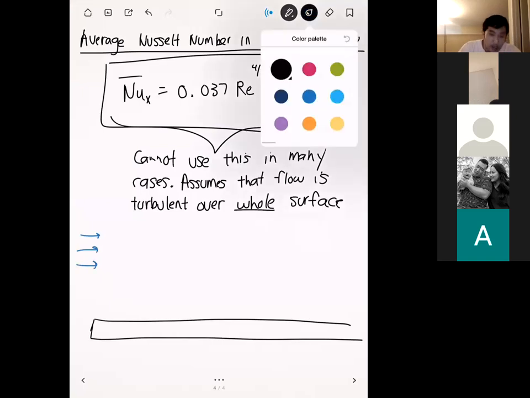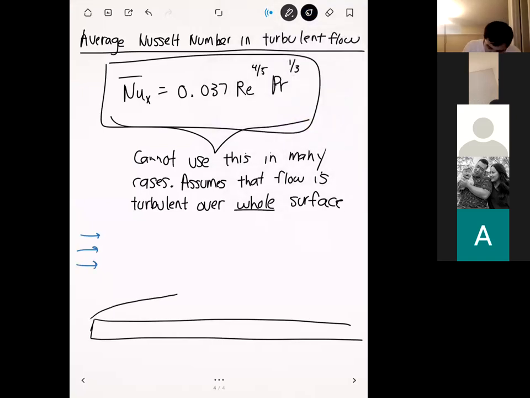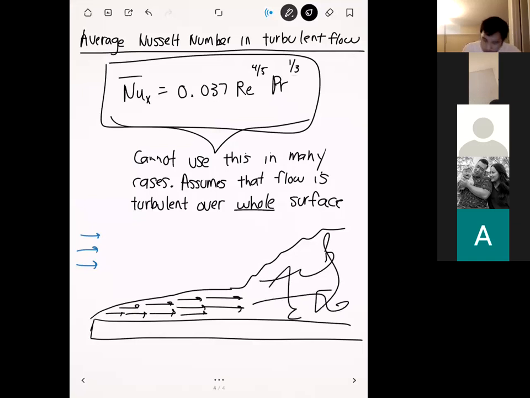The flow strikes the plate, and at first the boundary layer starts out laminar, and then it goes turbulent.